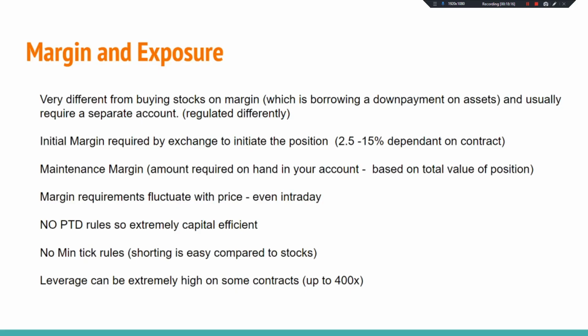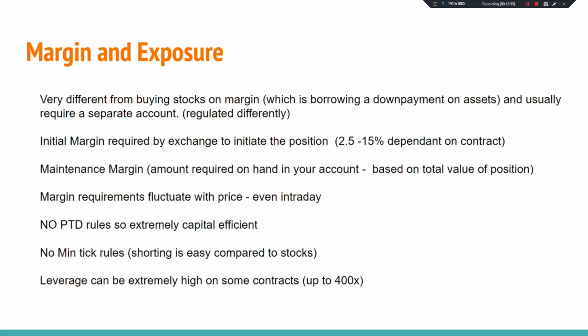There are various halts put in place, but during the day when it's most active, the halts are raised a bit. For E-mini it's 7% and 12%, I think, whereas overnight it's only 5%, reflecting the lower volatility overnight. So your overnight margin is less than your day margin. Because they're based on the total value of your position, as your position moves up or down, your margin requirements will change with your broker.